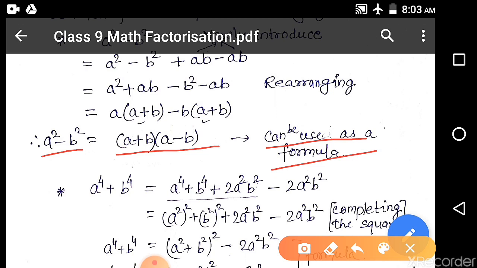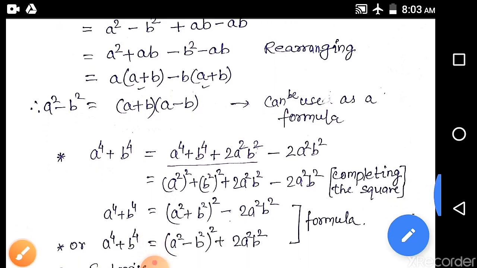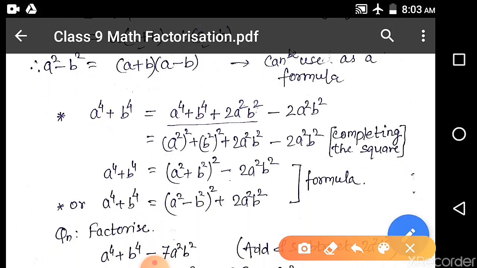Now see, we have a to the power 4 and b to the power 4, and for those two we introduce two new terms, that is plus 2a square b square and minus 2a square b square, which becomes 0. So in the place of 0 we introduce those two terms.